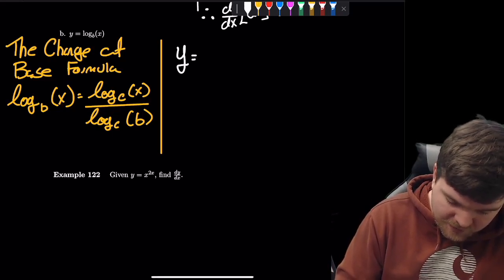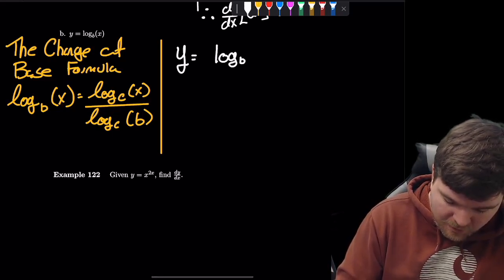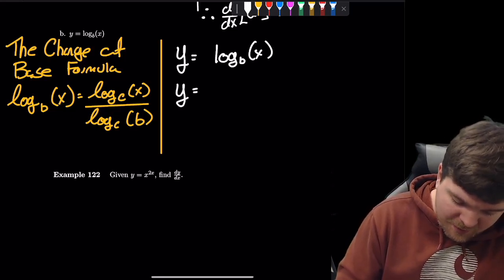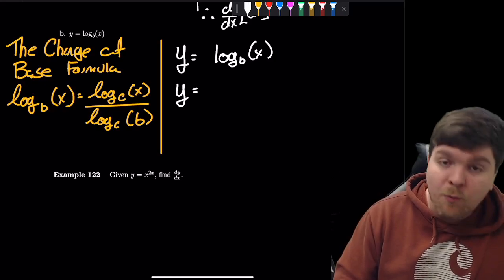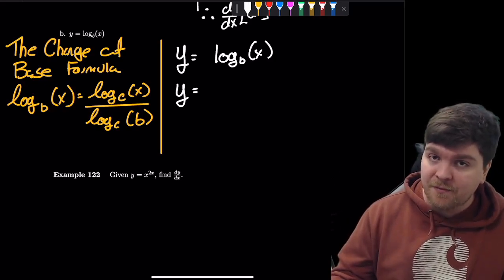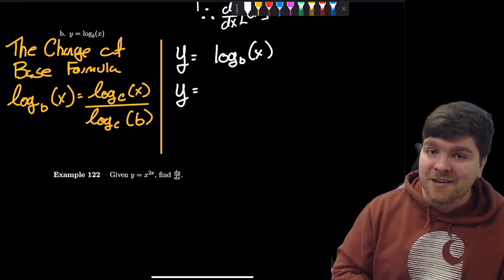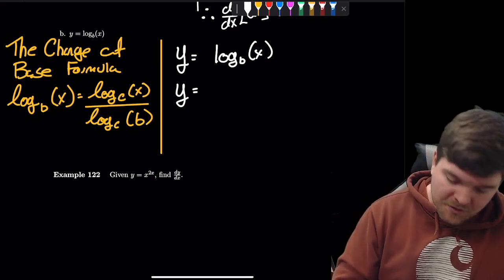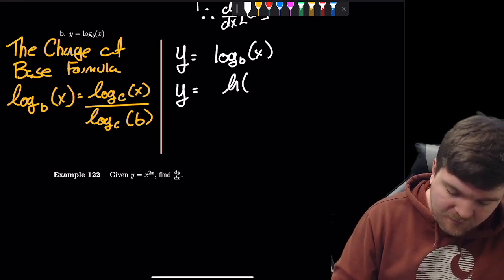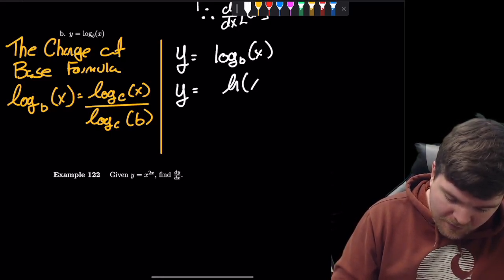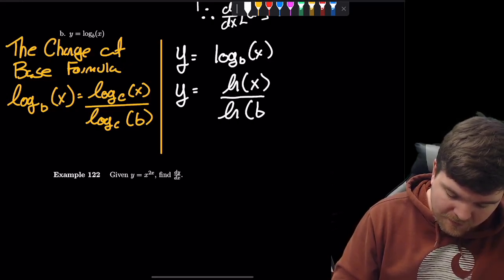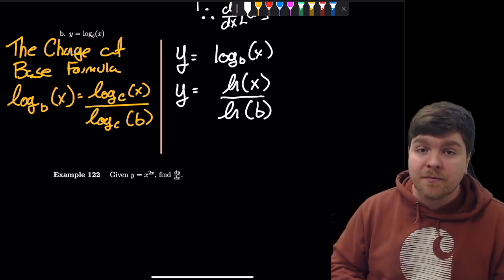So y equals log base b of x. We could rewrite this in terms of a logarithm that I can differentiate. The log that I know how to differentiate is log base e, also known as the natural logarithm. So let's rewrite this as the natural log of x divided by the natural log of that value b.